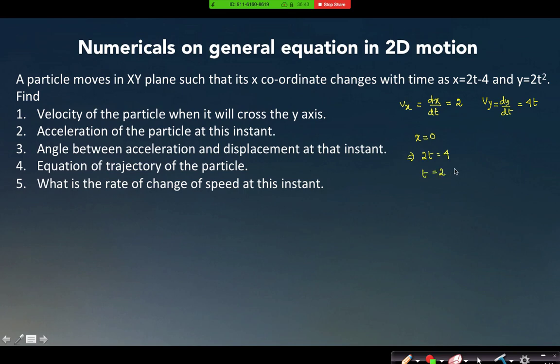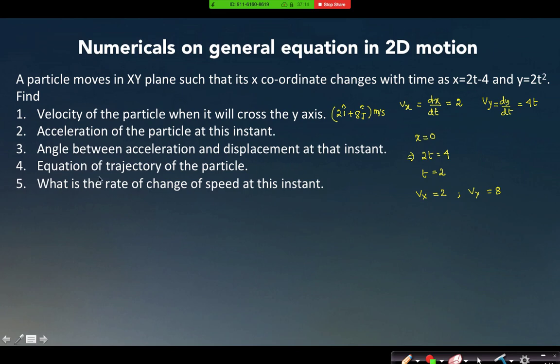I will just put the value of 2 seconds in vy and vx. So vx is the same, as it is a constant always, and vy is equal to 8. So the answer of the first question should be 2 i cap plus 8 j cap meter per second. Sir, is the angle cos inverse 2 by root 17? Yes, I am getting that only.